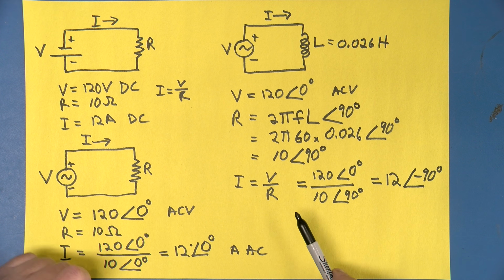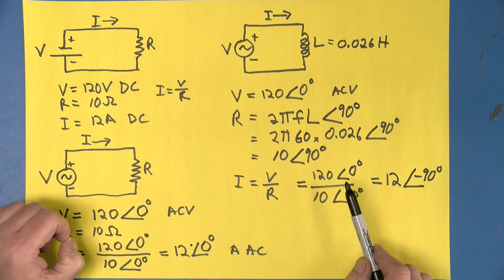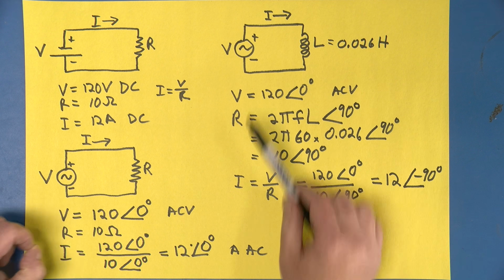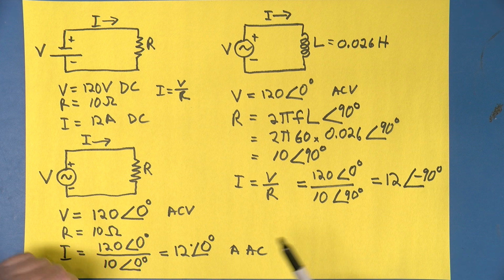Now, I'm going to repeat this one more time for a capacitor. And if this is completely obvious to you, you may wish to skip it, or you may wish to work through that with me again.